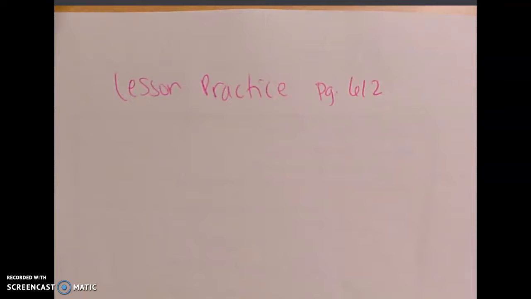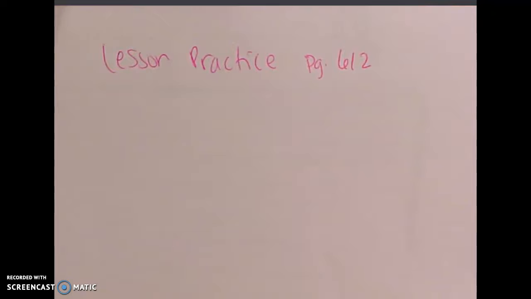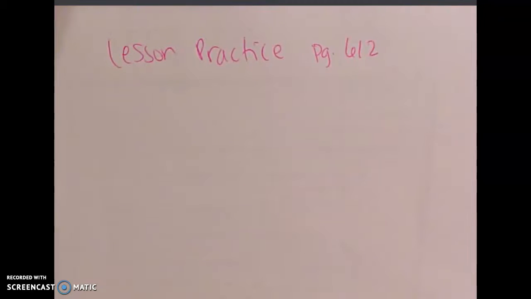Let's look at our lesson practice. If you don't have your book open already, please turn to page 612. And I again encourage you to take notes. So it says, Shinra, Alice, Terrell, and Manuel each wrote 2 stories. The number of paragraphs per story is shown in the table below.